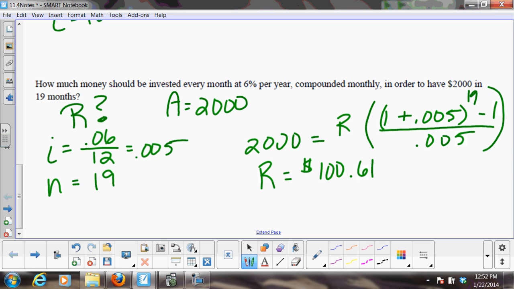So roughly you would have to put in $100 every month in order to get $2,000 at the end. If you're putting $100 in for 19 months, it's almost $1,900. And you want 2,000 at the end, so you're only really gaining like 80 bucks, truly.